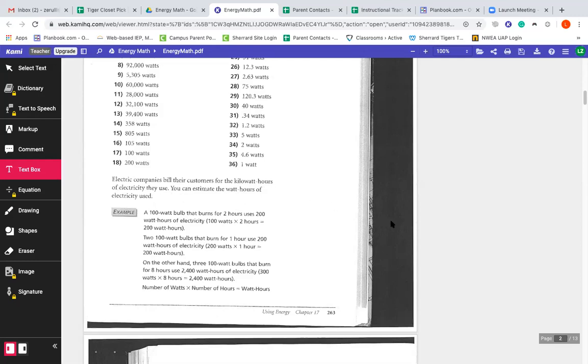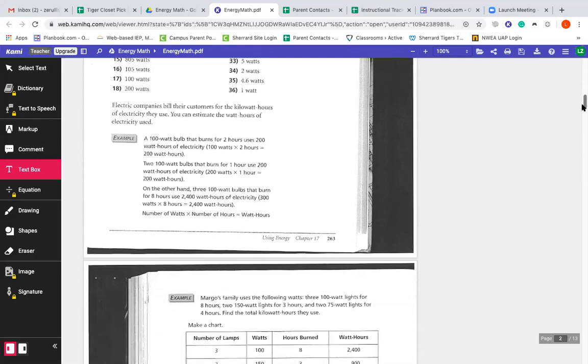So you can estimate the watt hours of electricity used based on how many watts of whatever devices or bulbs that you have and how long that you use them. So they have an example here. If you have a 100-watt bulb that burns for 2 hours, so you've got a lamp in your room with a 100-watt bulb in it, and you let it stay on for 2 hours, it uses 200 watt hours of electricity.